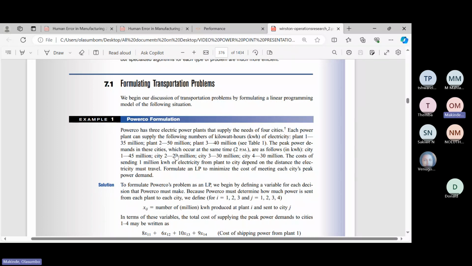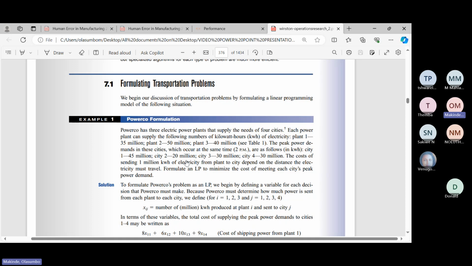You see city 2, it requires 20 million kilowatt hours of what? Electricity. And this is also what we can look at in terms of what we are seeing in power supply, why we are having load shedding, because the demand is more than the supply.